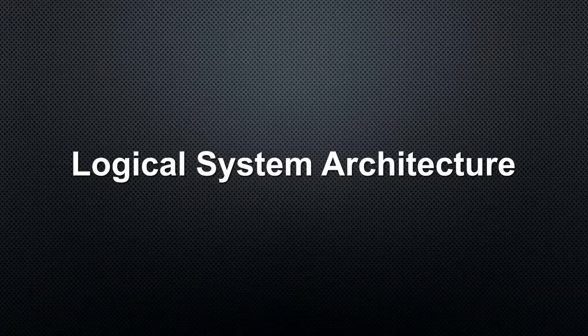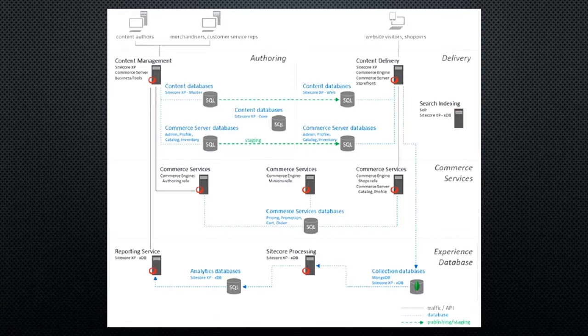So let's see the logical system architecture to understand how things work. I stole it from the Sitecore document. The idea is really very similar to how Sitecore organizes things. Basically, one side of it is authoring, which is our master database, where content authors do their work.